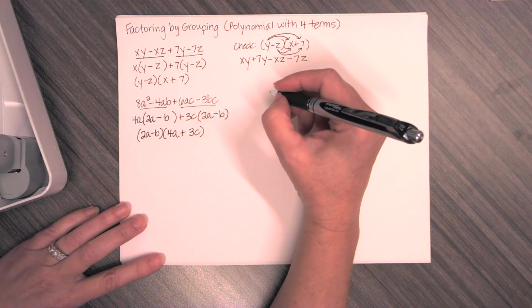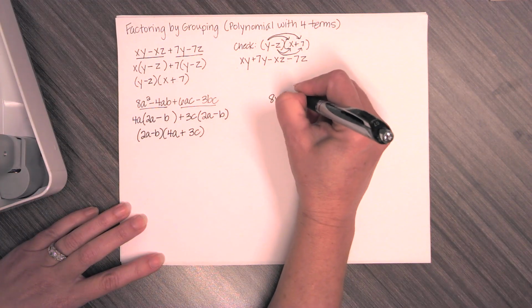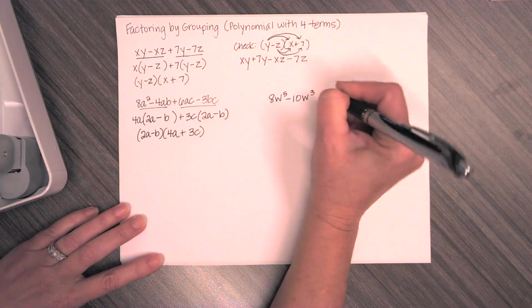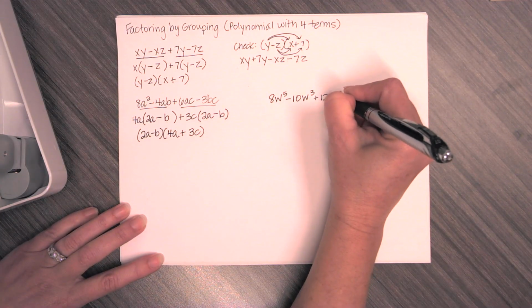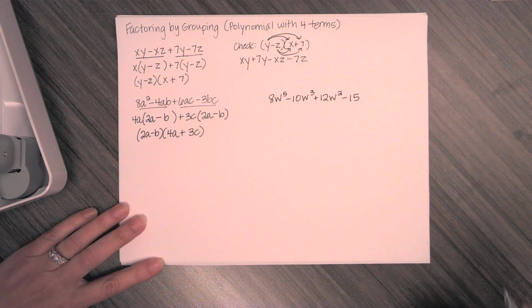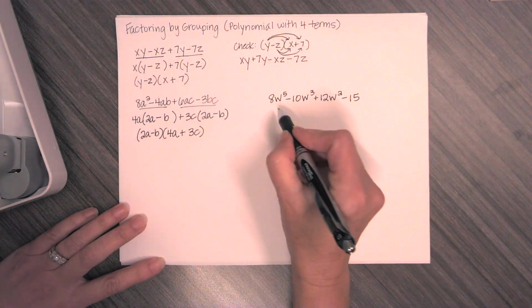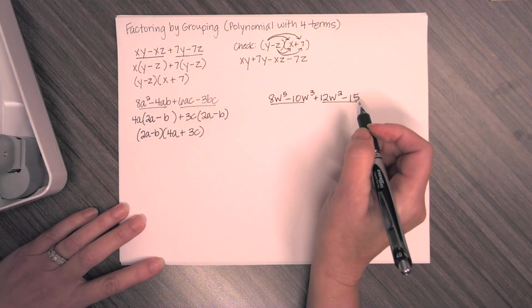Okay, what about 8w to the 5th minus 10w cubed plus 12w squared minus 15? Okay, once again, when we see we have four terms, we're going to group the first two and the last two.